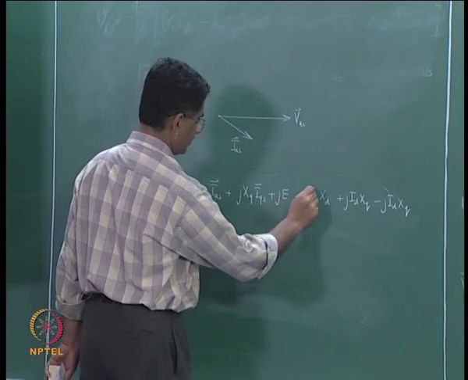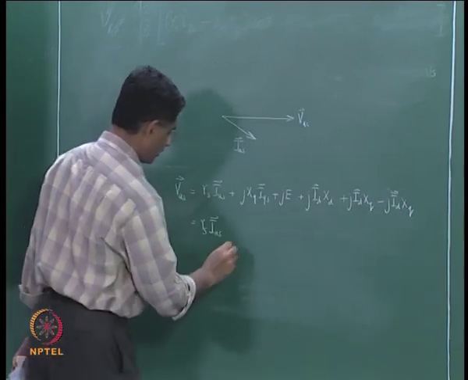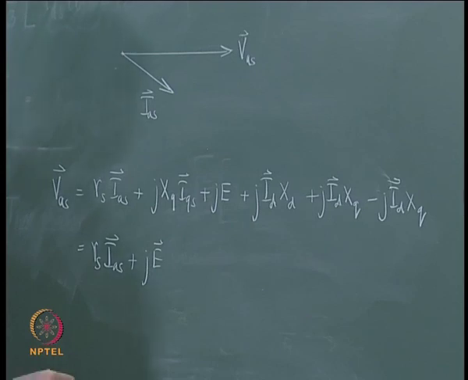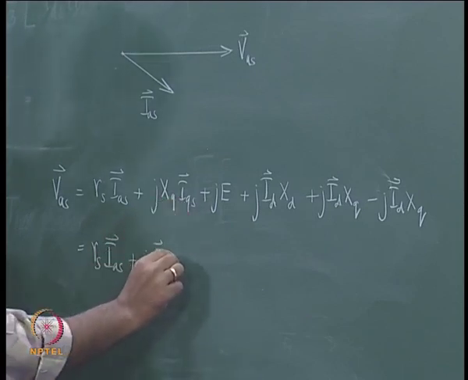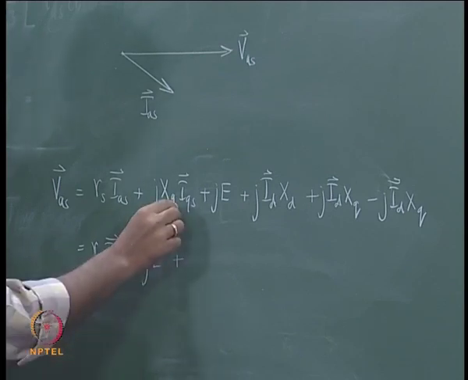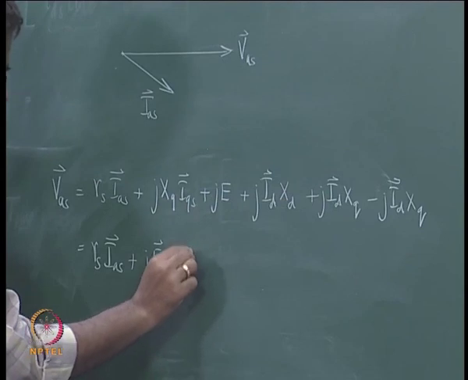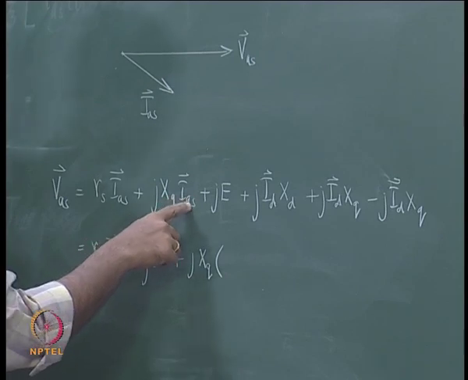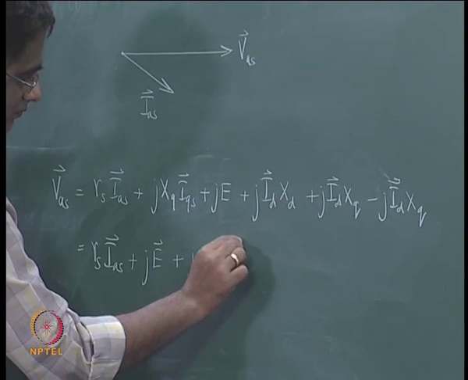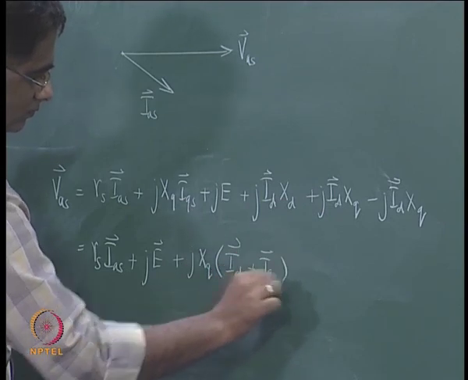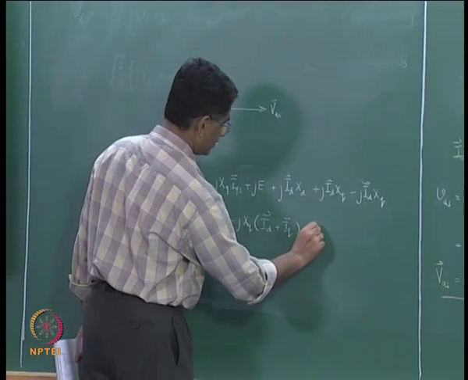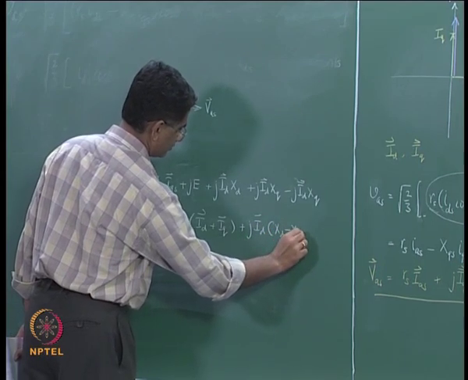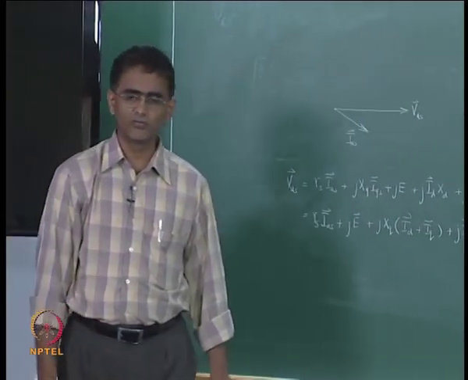Remember these are phasors, so ID plus J times E. We keep this here, and now if you take these two terms, you have J times XQ into ID plus IQ, and then you have J times ID into XD minus XQ. So, this equation simplifies like this.